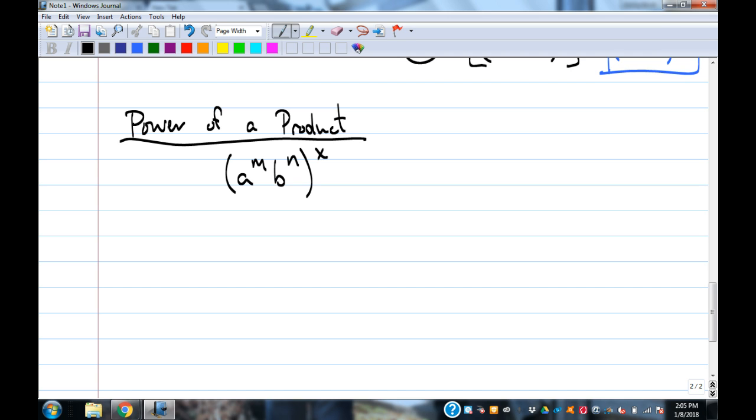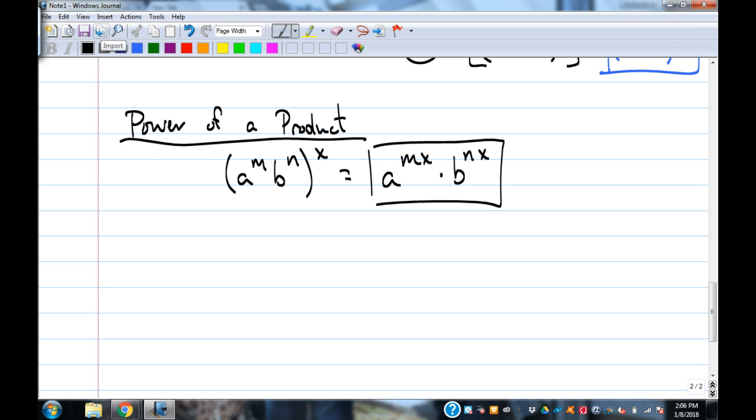They're multiplying, right? I can't put these two together because they're different bases, right? But I can put these exponents together the same way y'all said to do it. If I covered up this one, it'd be m times x. And if I covered up this one, it'd be n times x. It's like the distributive property, really. So it ends up being a to the mx times b to the nx.